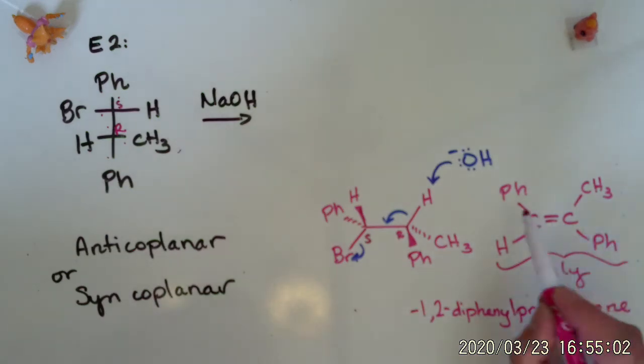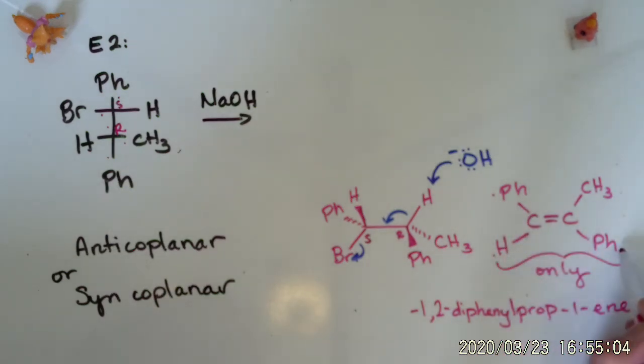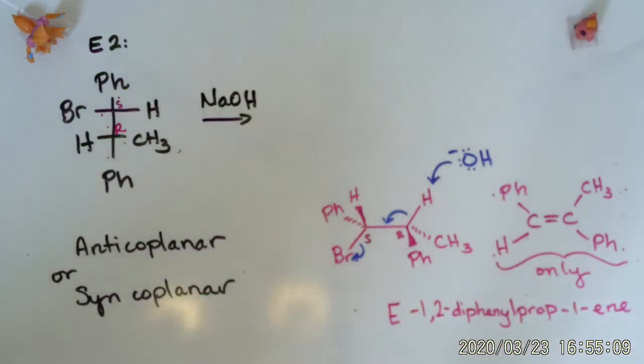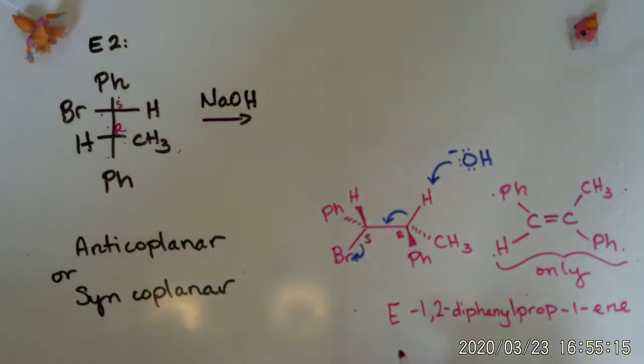We know it's an E. This is E-1,2-diphenylprop-1-ene, and that's the only one you're going to get. You're not going to get the Z, and it has to do with the stereochemistry requirements of my E2.